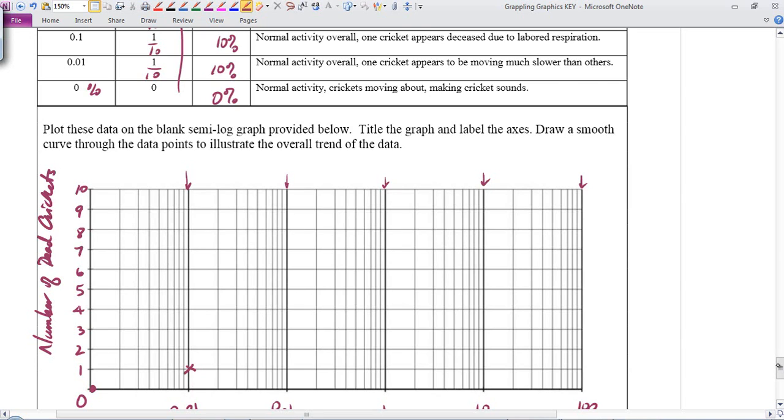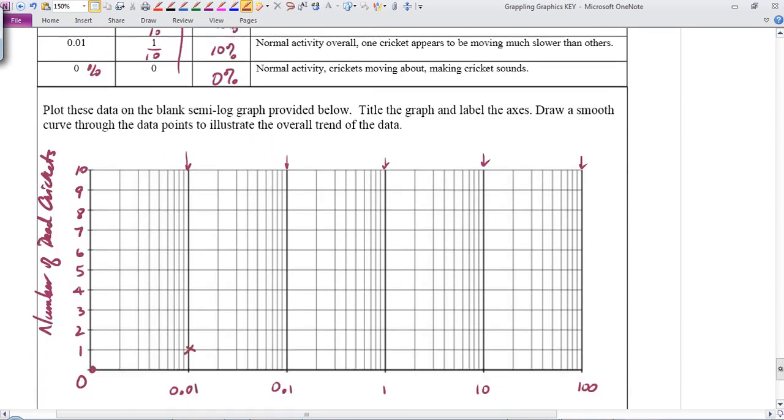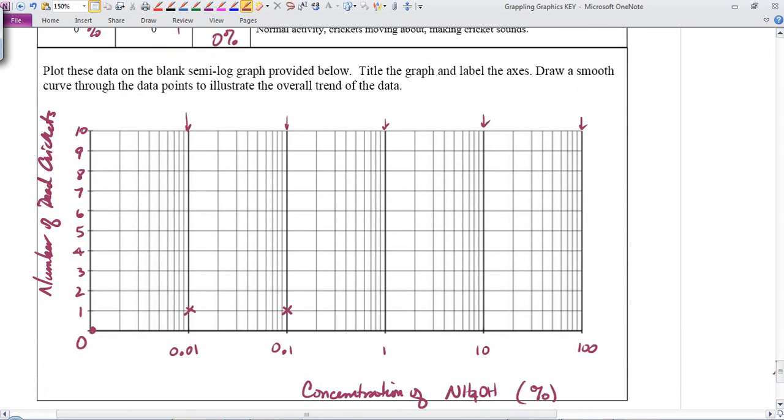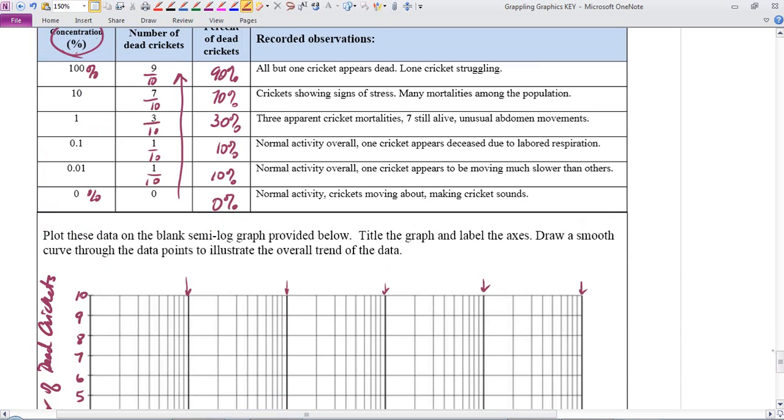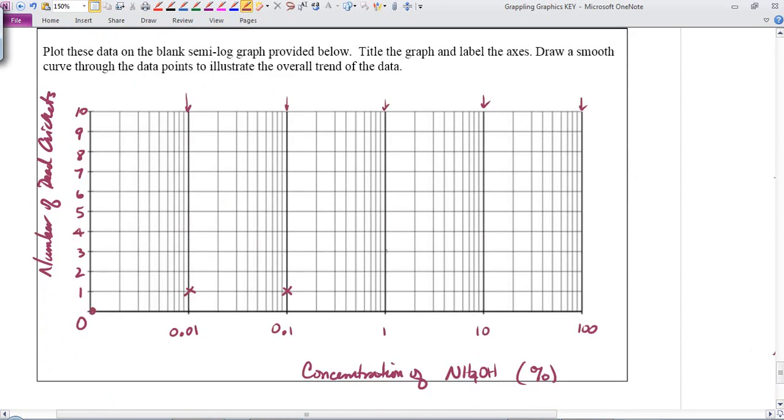At 0.1, I had 1 dead cricket. Not much fun yet. At 1, we had 3, so 3, 7, 9 were the rest of our numbers. So 3, 4, 5, 6, 7, and 8, and 9.